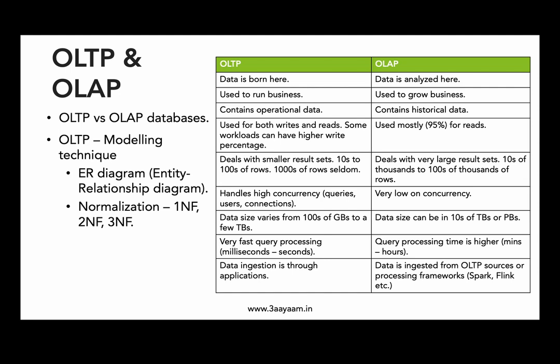We can also use normalization, but normalization is used in OLAP also. Then in OLAP modeling technique, we have dimensional modeling, which is very different than ER diagram. There are other modeling techniques also in OLAP, but I'll be talking about dimensional modeling only in this particular chapter. And for OLTP modeling also, I'll be talking about ER diagram only.